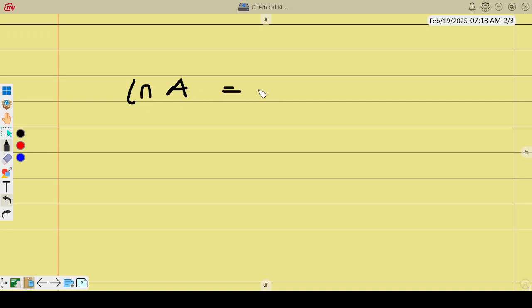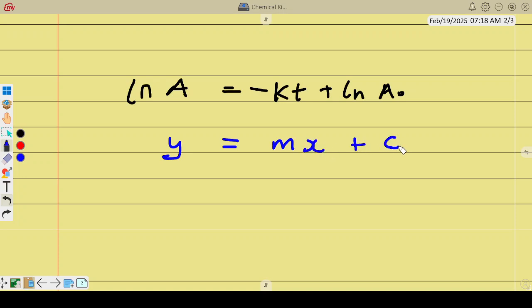So ln A is equal to negative kt plus ln A naught. This expression is in the form of a straight line, like we can relate it to y is equal to mx plus c. So this is very important, you have to take note.